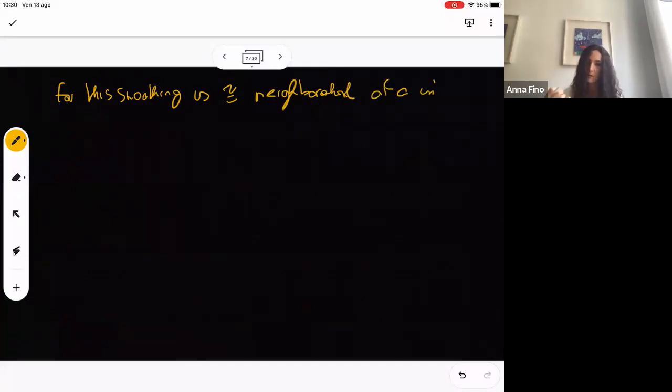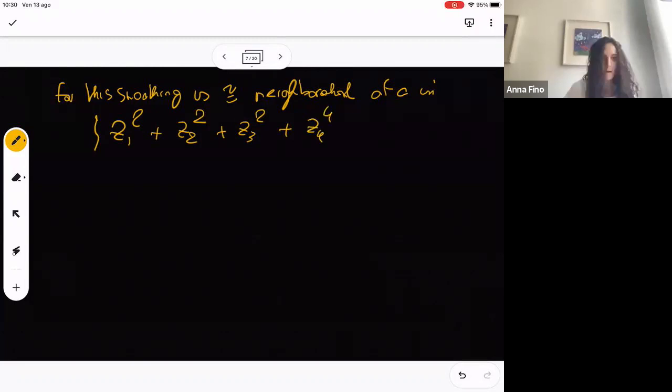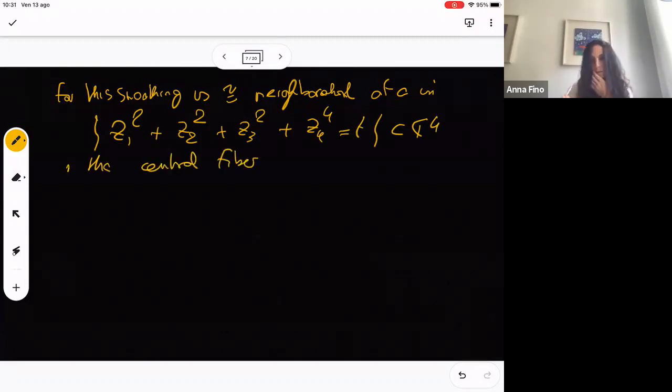Instead of the equation being zeta 1 squared plus zeta 2 squared plus zeta 3 squared plus zeta 4 to the power 4 equal to 0, you would put just t: equal to t in C4. And the central fiber, for t equal to 0, is essentially M0.